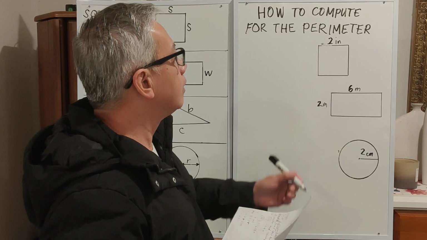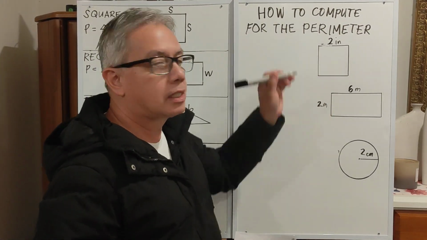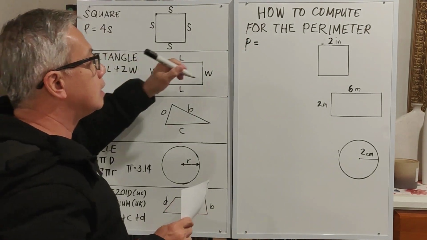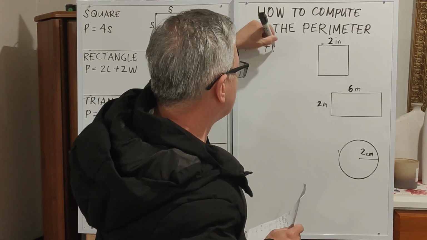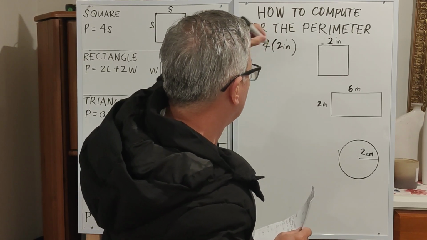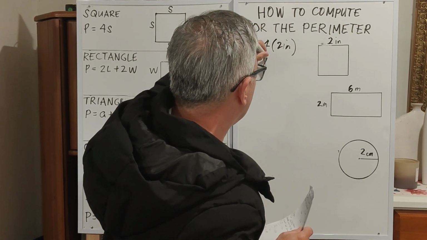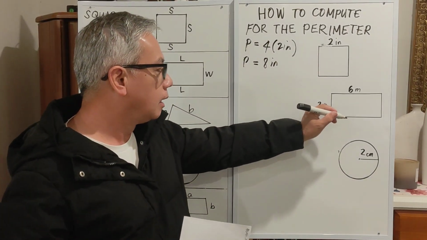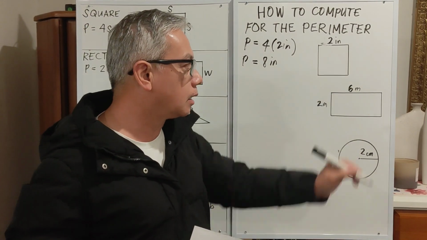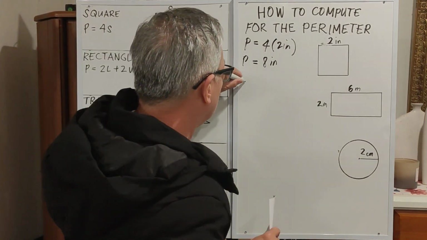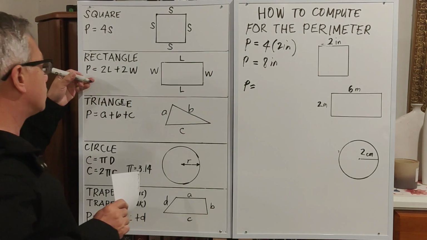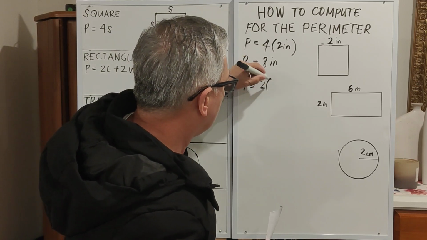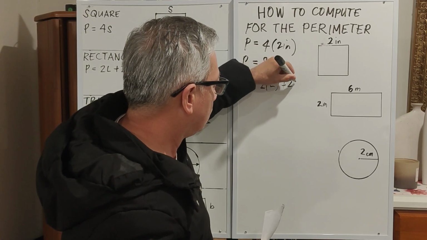For example, we have a square that has a 2-inch side, so the perimeter is 4 times S, so 4 times 2 inches, and we have the perimeter as 8 inches. If we have a rectangle that has a width of 2 meters and a length of 6 meters, we use the formula 2 times L plus 2 times the width.